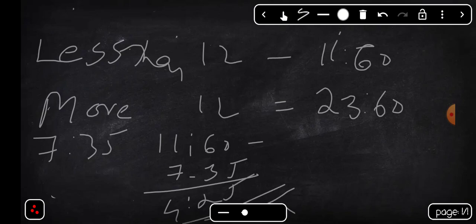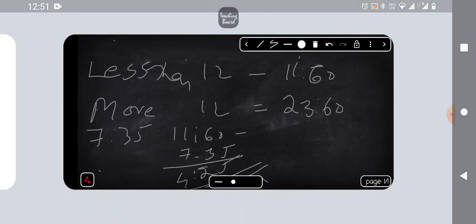The mirror image will be 4:25. Suppose the given time is less than 12, we have to minus from 11:60. Suppose it is more than 12, we have to minus from 23:60. Please keep it in your mind. This is the answer. Let us see the next question.